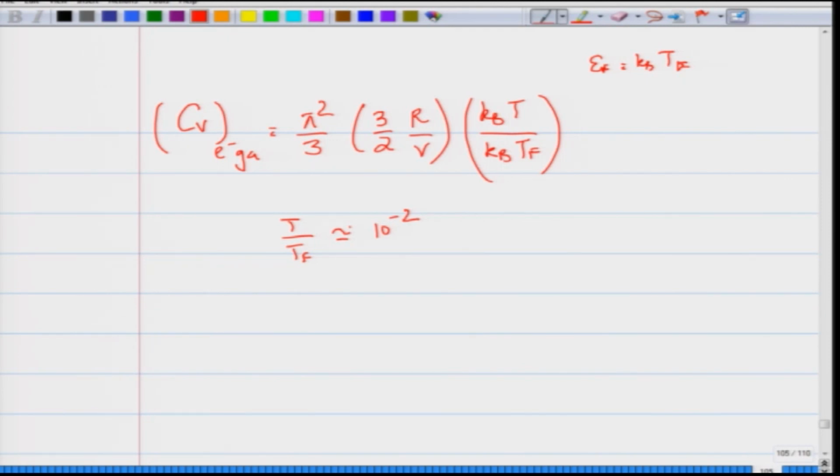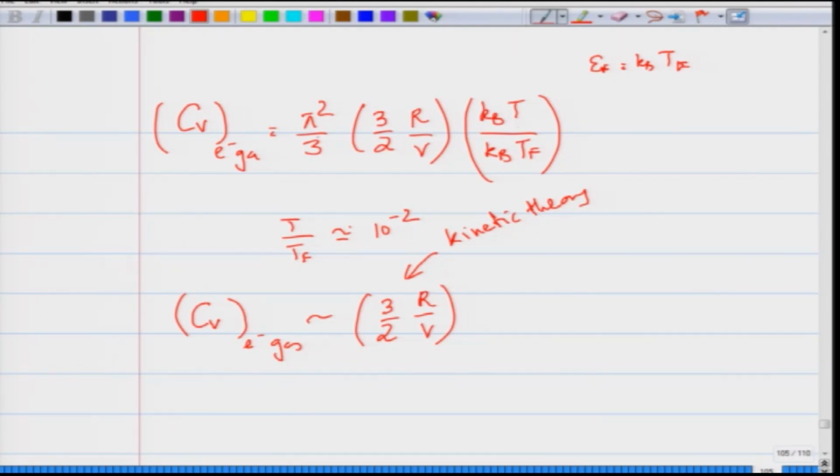If you look at pi square by 3 into, if you put in numbers, for example, for copper, if you put in the temperature and you calculate the Fermi temperature, which we have calculated earlier, which is about 80,000 for copper, and temperature you take it as about 300 Kelvin, and if you put in pi square by 3, you will find that the specific heat of the electron gas, compared to the value which is obtained from kinetic theory, this ratio into pi square by 3 is of the order of 0.01.